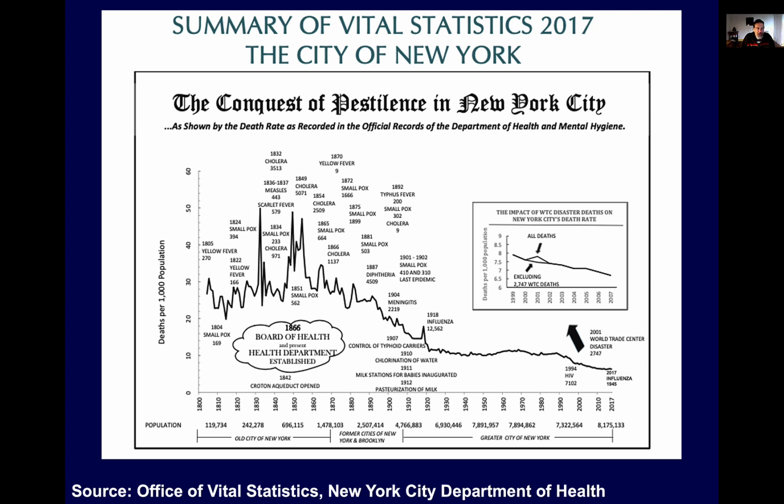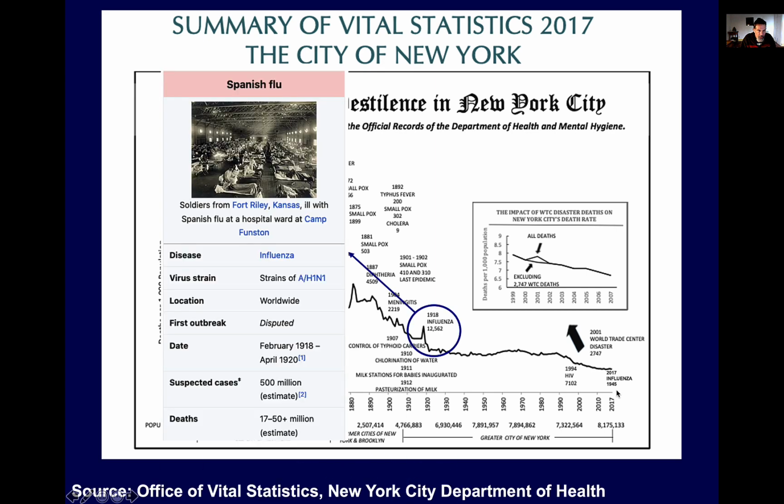So just to bring it back to New York City for a minute, you will recall the trend in the all-cause mortality rate over time and the 1918 influenza pandemic, which killed about 12,500 people in New York City that year.